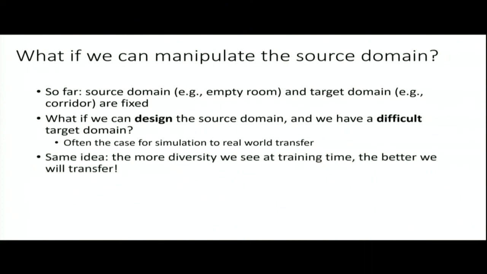So the idea is going to be that more diversity at training time is going to enable better transfers. Just like with maximum entropy, if you see more variability during pre-training, it'll enhance your ability to transfer. The story here is going to be the same. If you get to manipulate the source domain, making the source domain more diverse is often going to be very helpful for transfer. And here I'll just talk about a few experiments that have studied this question.